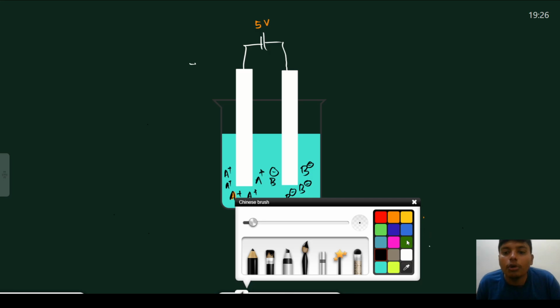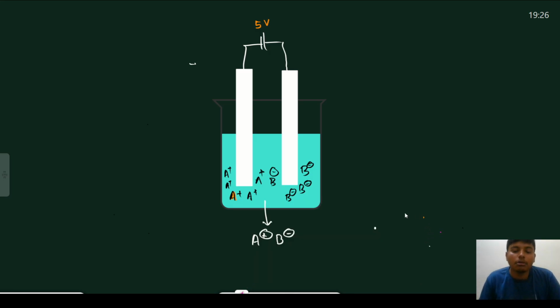Now tell me, positive charge will be attracted to which electrode? Positive electrode or negative electrode? The negative electrode. So from here we can say that this is the negative electrode. A negative charge is attracted to which side? That is the positive electrode. Yes or no?